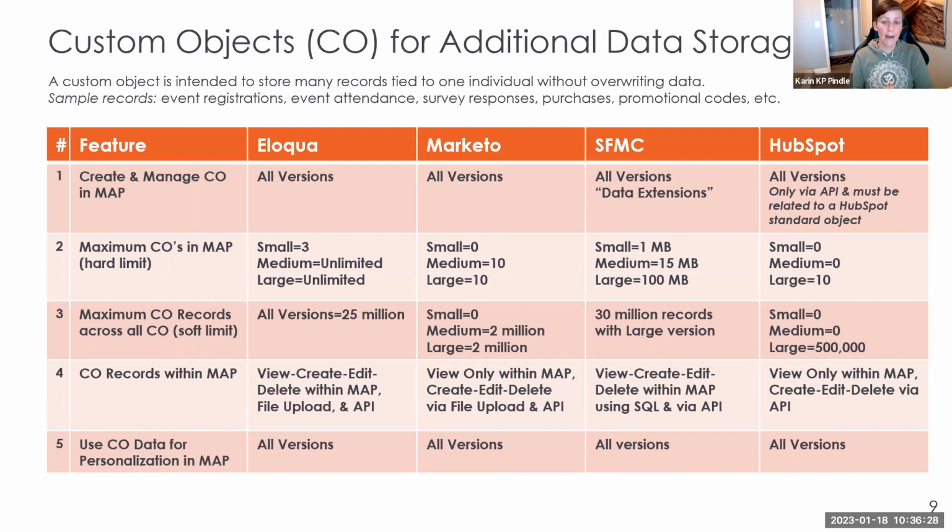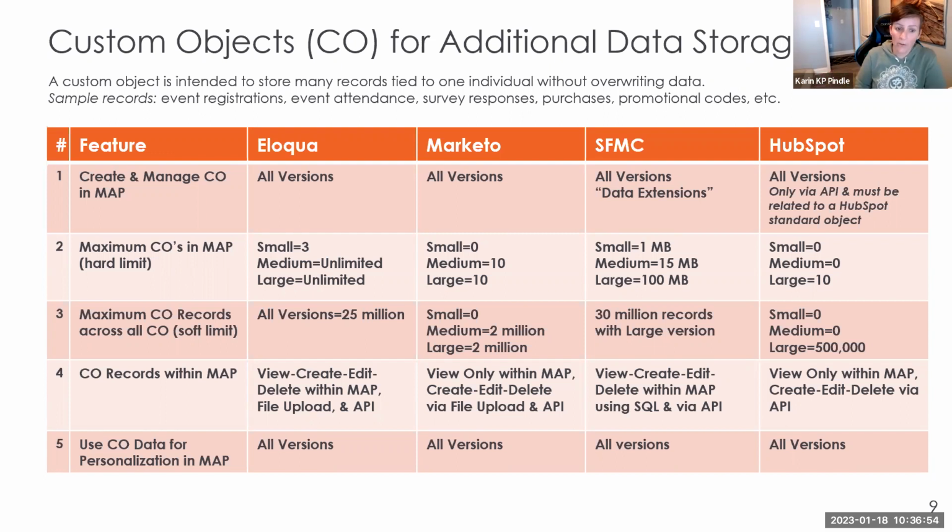Number 3, the maximum custom object records within those custom objects. Let's say you had 8 custom objects in Marketo. The number of records that you can have in those 8 custom objects, let's start with Marketo. Again, Marketo doesn't have custom objects with their small version unless you add it on, but with their medium and large versions, you can get 2 million records stored across all your custom objects.